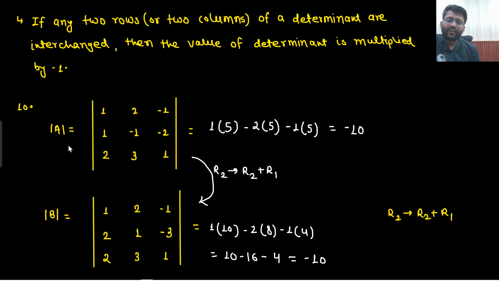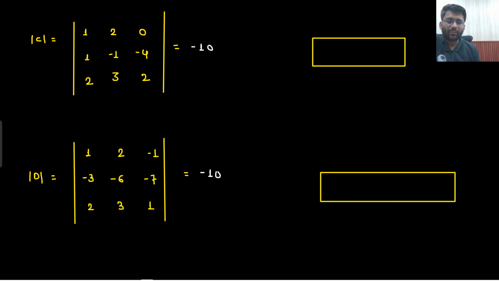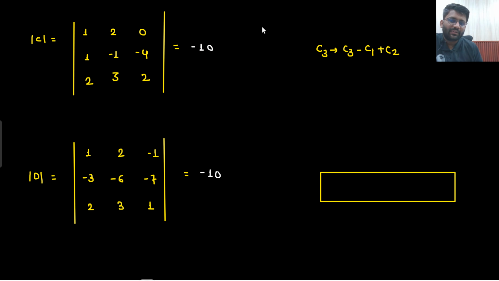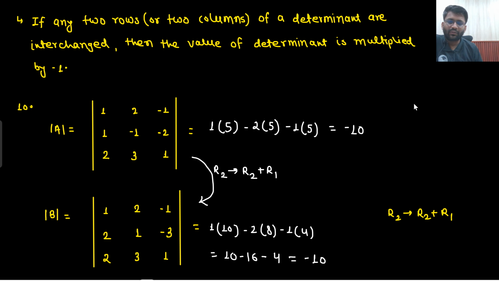When I went from determinant of A to determinant of C, what operation did I apply? In column 3, I subtracted column 1 and added column 2. What was your column 3? Column 3 was -1, -2, 1.